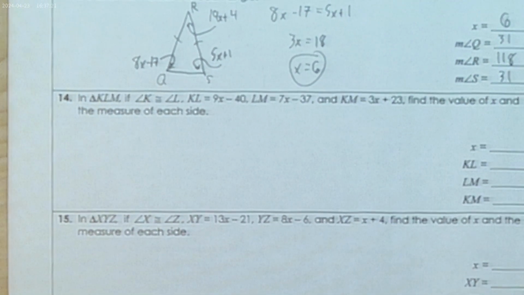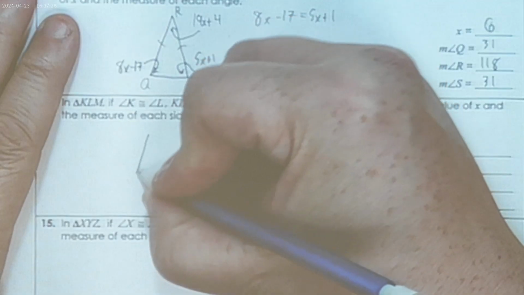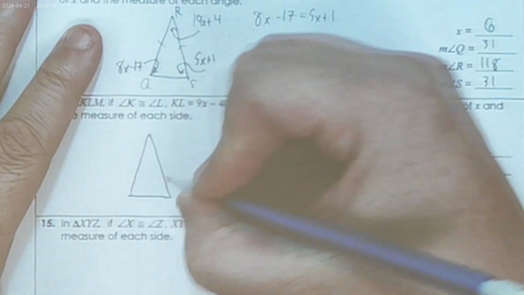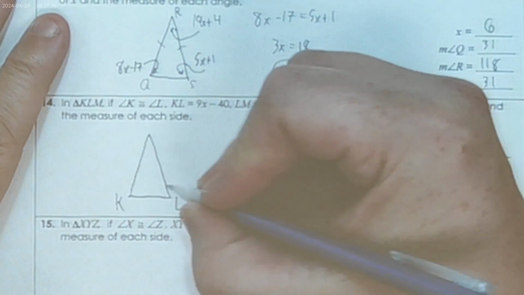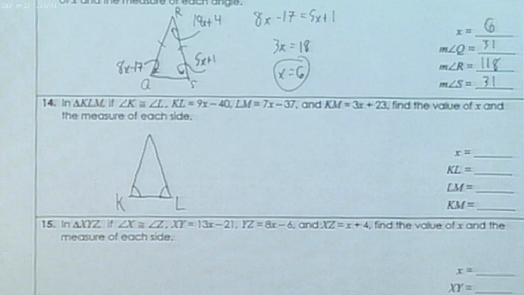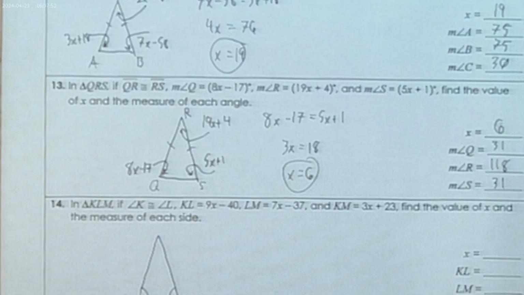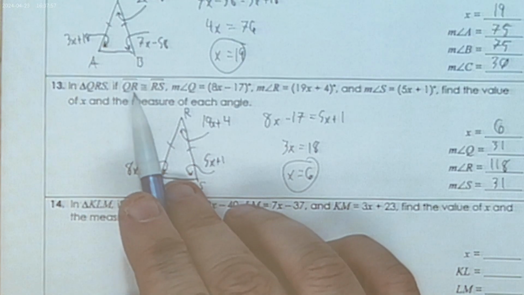For the next one here, let's see, we've got in KLM, if angle K equals angle L. All right, so this one's a little bit different. So in this case, I've got K, I've got L. I want angle K to equal angle L. Because I'm working with an isosceles triangle, if I'm dealing with two equal legs, I want to make sure that I put the common point at the top of the triangle.